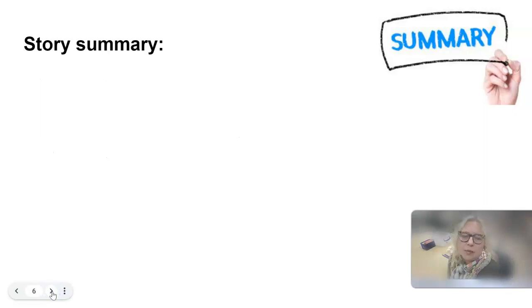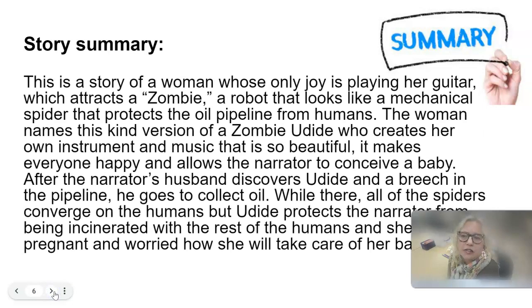Here's an example on Spider the Artist. The story is a woman whose only joy is playing her guitar, which attracts a zombie, a robot that looks like a mechanical spider that protects the oil pipeline from humans. The woman names this kind version of a zombie Udide, who creates her own instrument and music that is so beautiful it makes everyone happy and allows the narrator to conceive a baby.